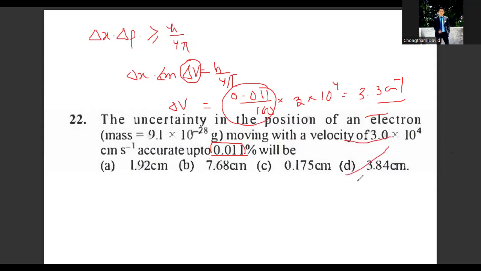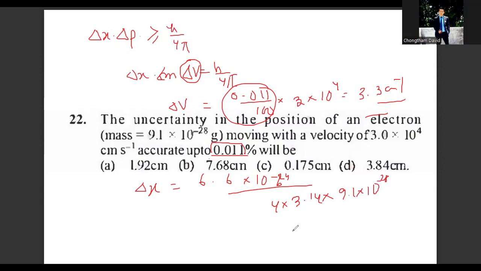So what is the answer for this question? It would be option... Okay, we haven't finished calculation. The question is asking the uncertainty in the position, right? Not this velocity. Okay, one more step, which means delta x can now be written as 6.6 Planck's constant, 10 to the power minus 34, divided by 4 into 3.14 into 9.1 10 to the power minus, this is in grams.